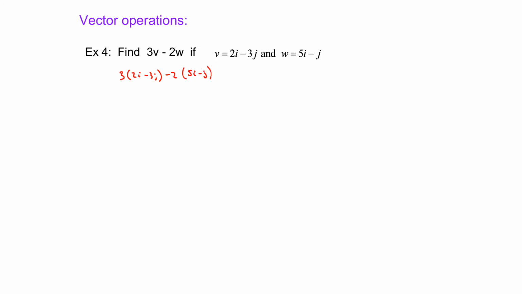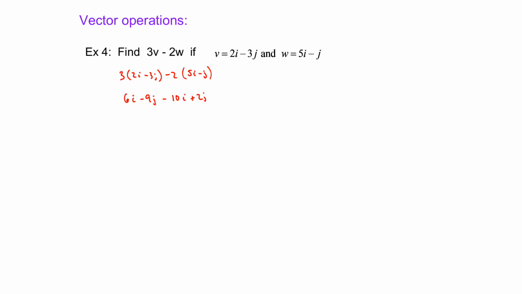And so really we're doing the same thing we did before. We're going to multiply the scalar, so it would be 6i minus 9j minus 10i plus 2j. And now we can combine the i vector and the j vector.